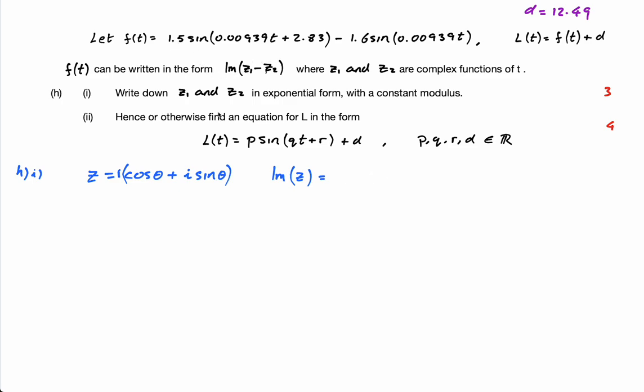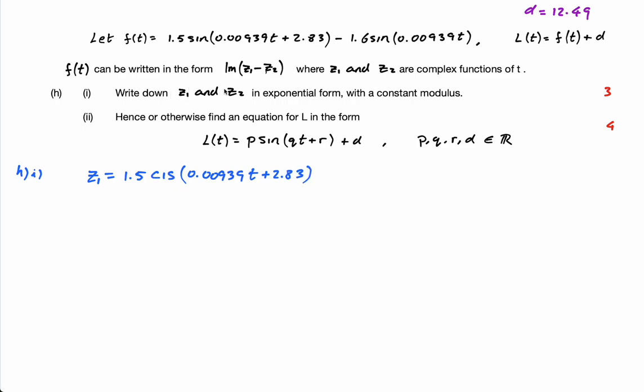So z1 is equal to 1.5. Well, let's start with the angle theta, which is 0.00939 t plus 2.83.